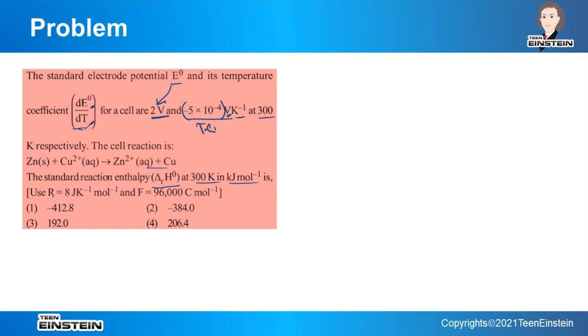The R value is given, so always use the value given here, then you can match with the options, because R is sometimes written as 8.314, but here it is written simply as 8 joule per Kelvin. And the F value is sometimes 96500, but here it is 96,000 coulomb per mole. So always use the values of the constants given in the question.